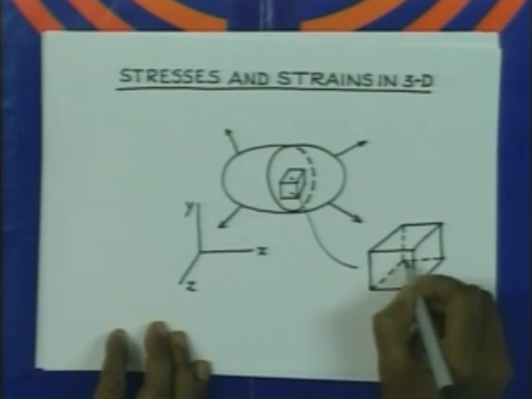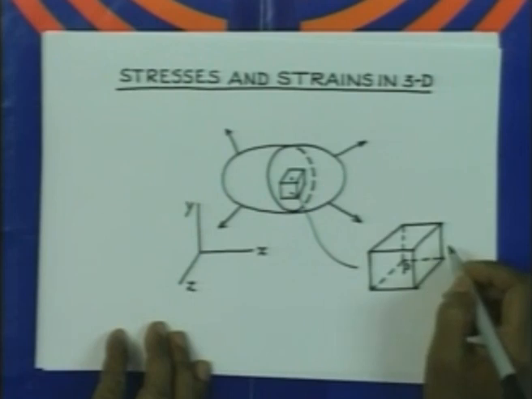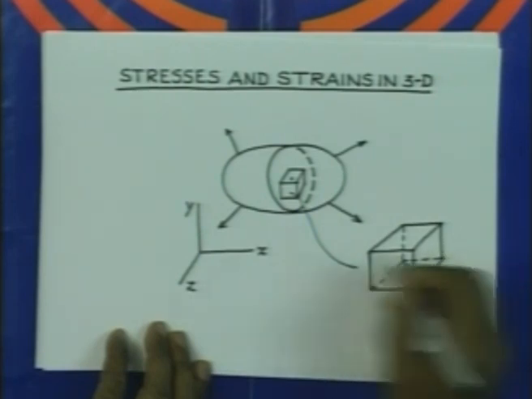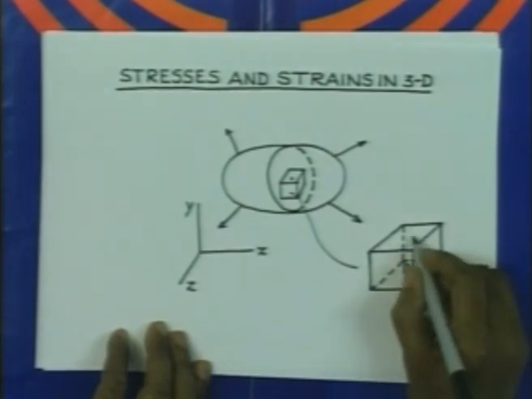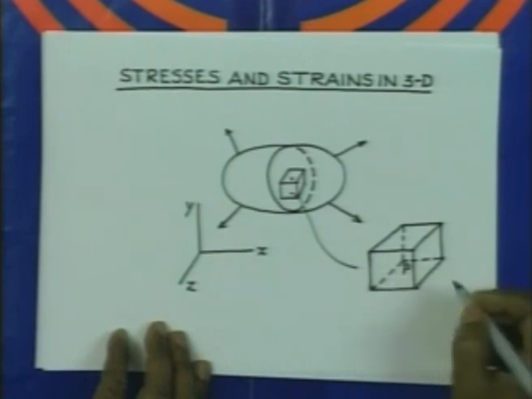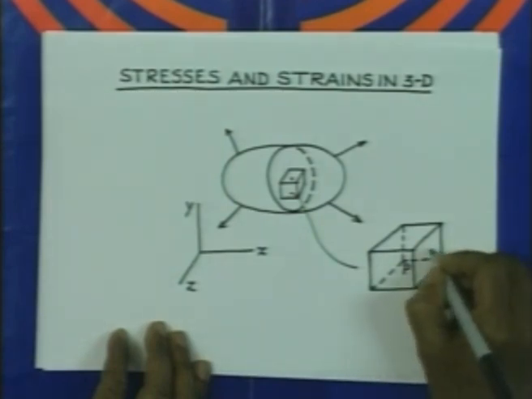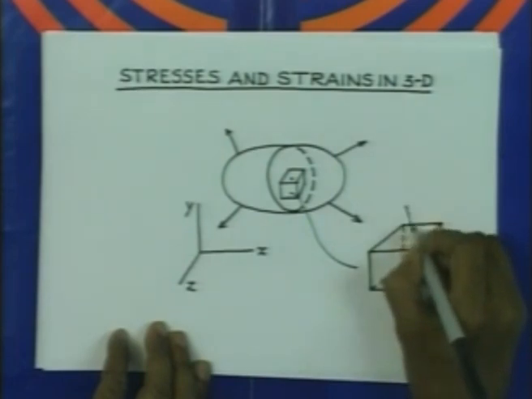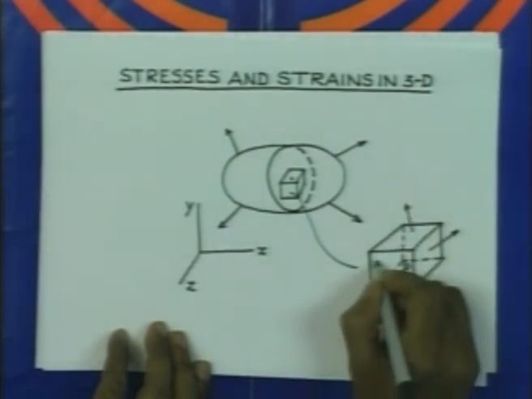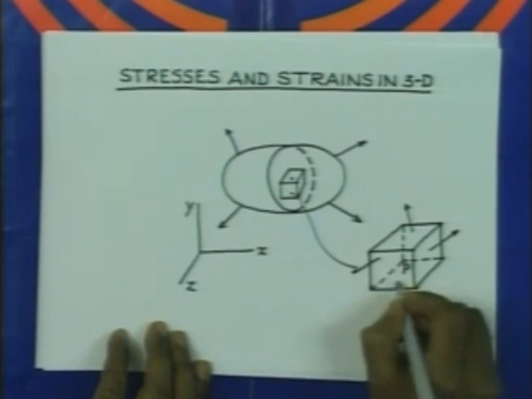So, around the point P, this body is subjected to forces by the rest of the body. Each of these 6 faces of the body will be subjected to some internal forces, which we can show by the forces like this.